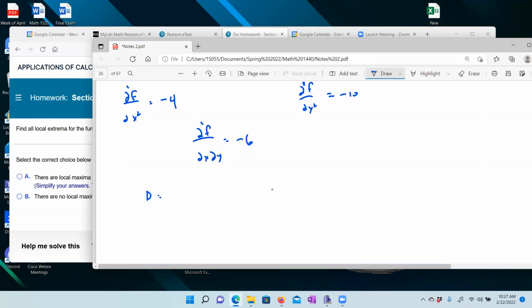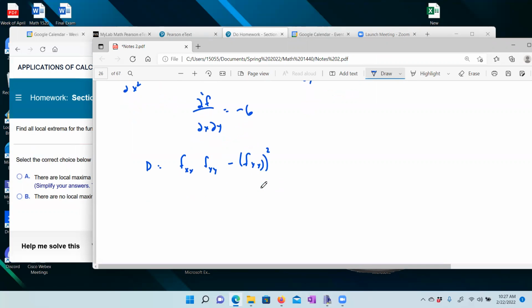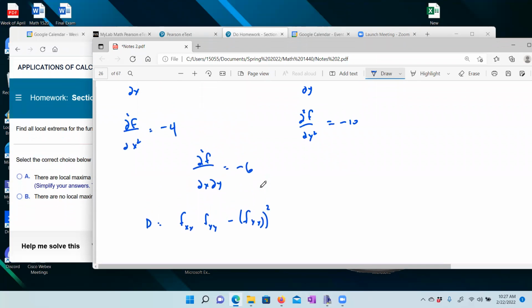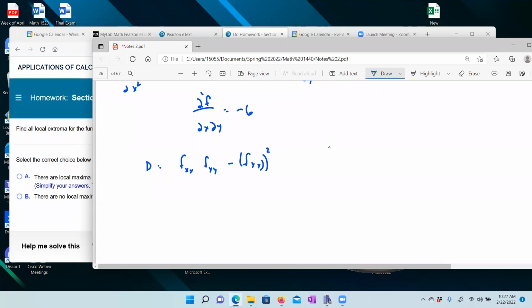That's going to be fxx fyy minus fxy squared, and we'll see what that is. So this is going to be -4 times -10 minus, and then we have -6 squared. Be careful with your calculators.